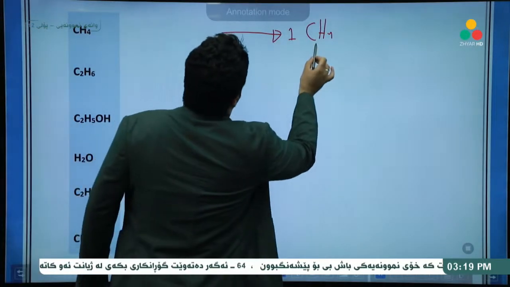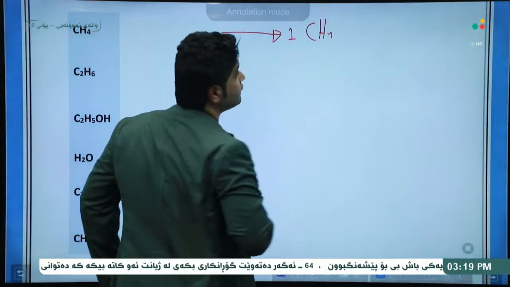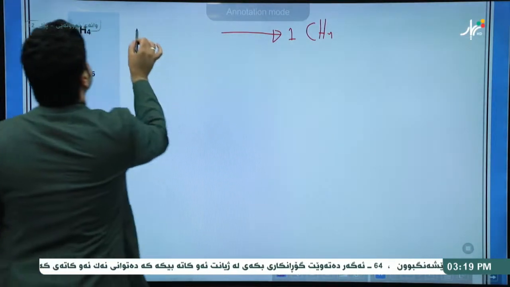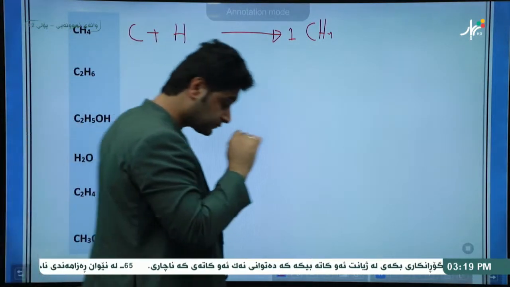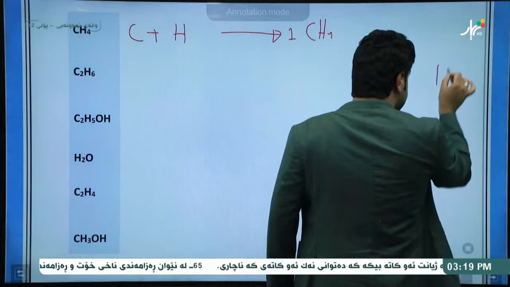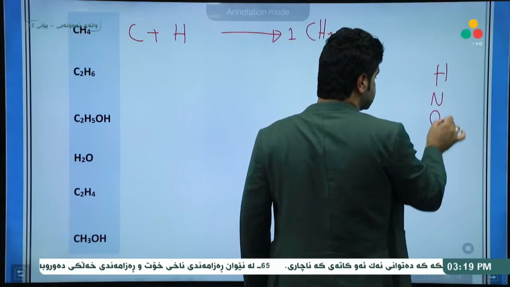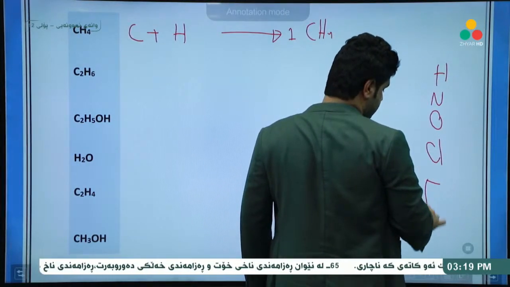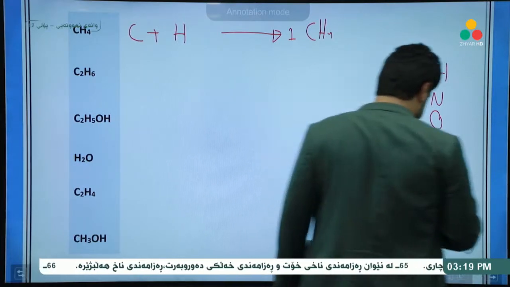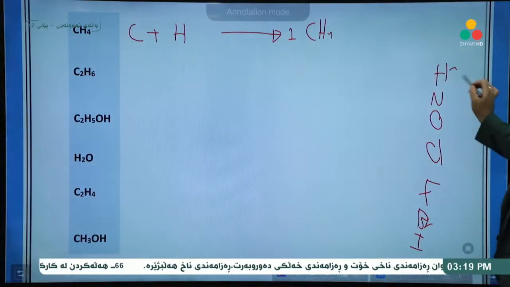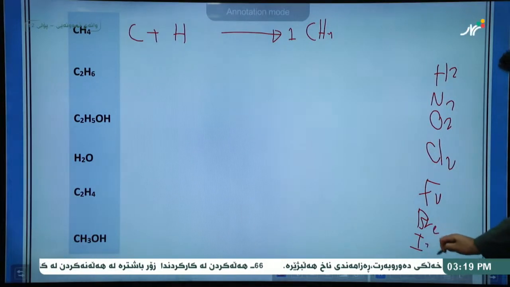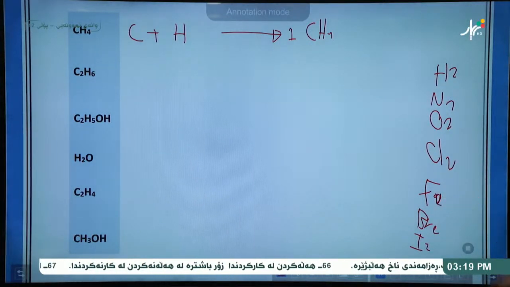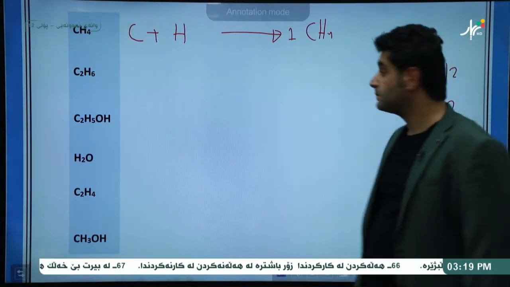Well, how many elements do we have in the CH4 formula? Carbon plus hydrogen. But the gases hydrogen, nitrogen, oxygen, chlorine, fluorine, bromine, iodine should be written as diatomic molecules.